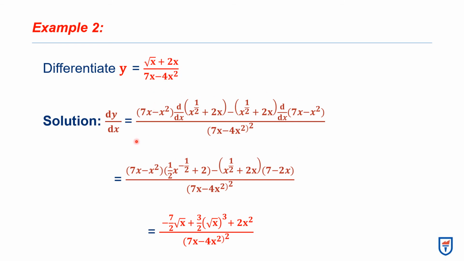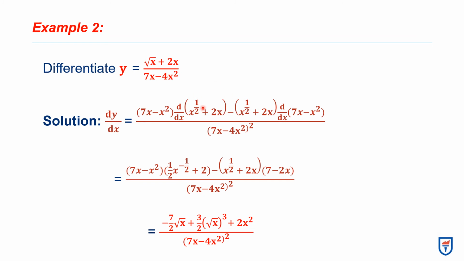So our formula will say g(x), which is 7x minus 4x squared, our denominator, times the d/dx of our f(x), which is x to the power half plus 2x. Then we say minus our f(x), the numerator, times the derivative of our denominator, 7x minus 4x squared, divided by the g(x) function to the power 2.